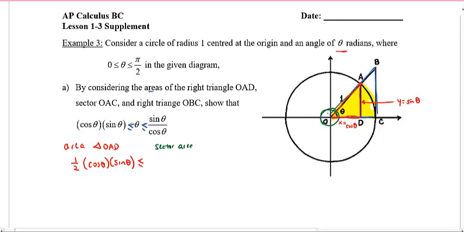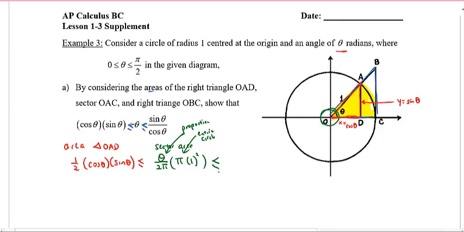And so if I took a ratio of the entire area of the circle, it'd be theta over 2 pi multiplied by the area of the circle. Area of the circle is just pi r squared. Okay? So this is a proportion of the entire circle. That makes sense? Good. And this is supposed to be less than or equal to sine over cosine.